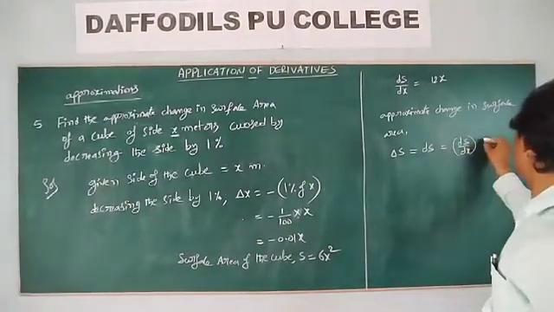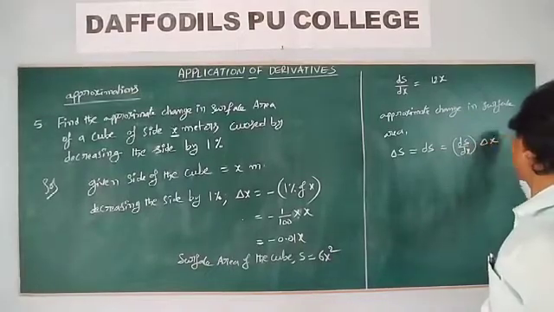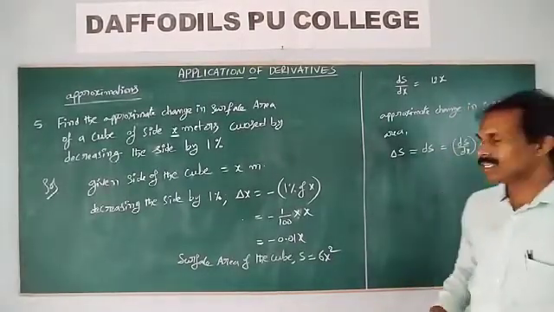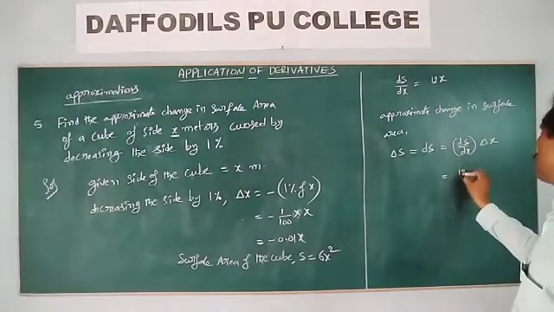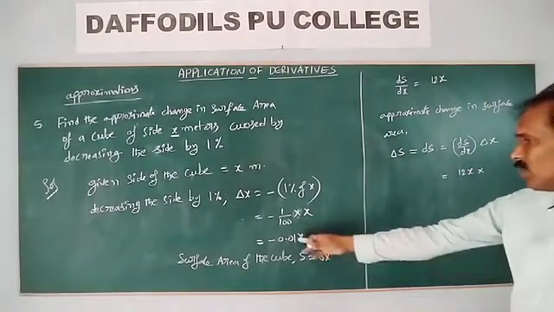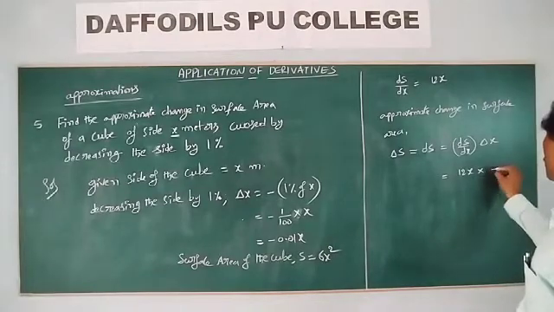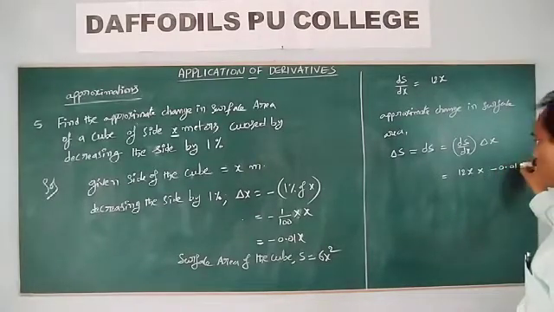This is equal to 12x into the delta x value, minus 0.01x.